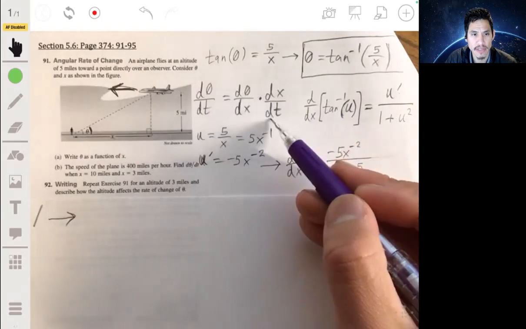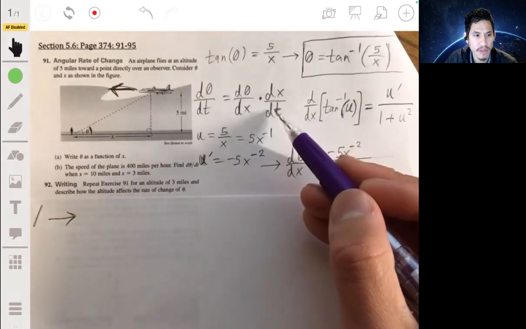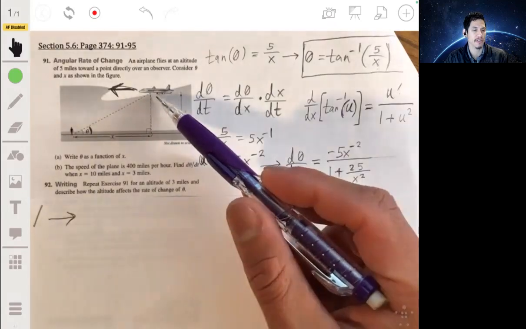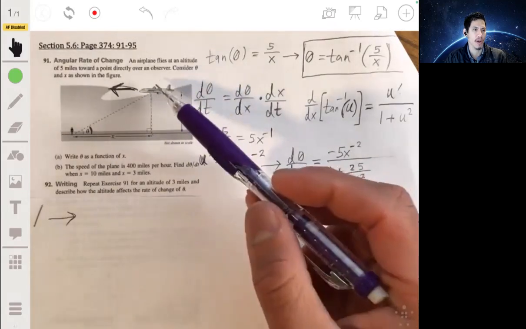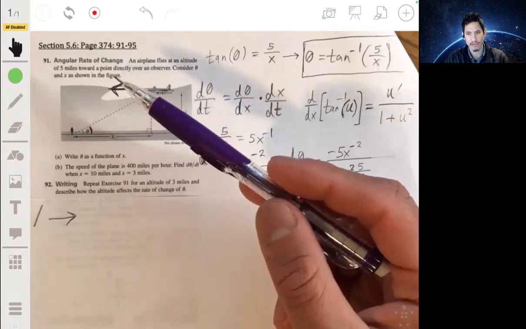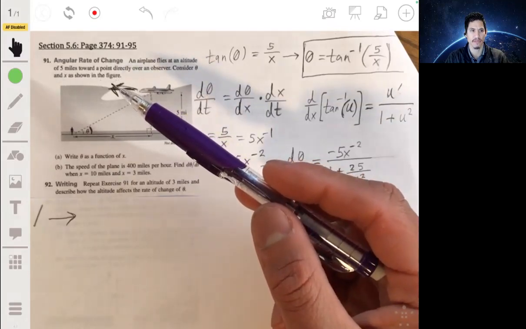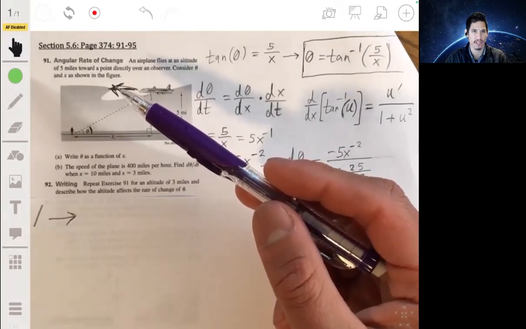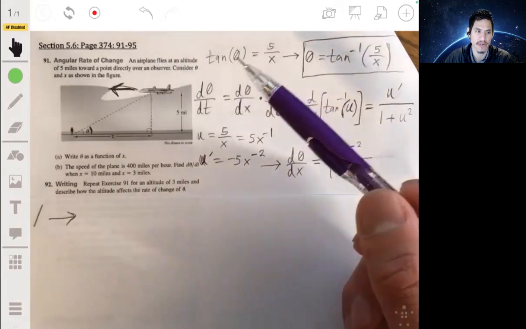Now dx dt is just going to be the change in position, or the speed of the plane, and it's moving to the left. Speed is always positive technically, right? Because it doesn't account for direction. But velocity accounts for direction, so velocity can be positive or negative.